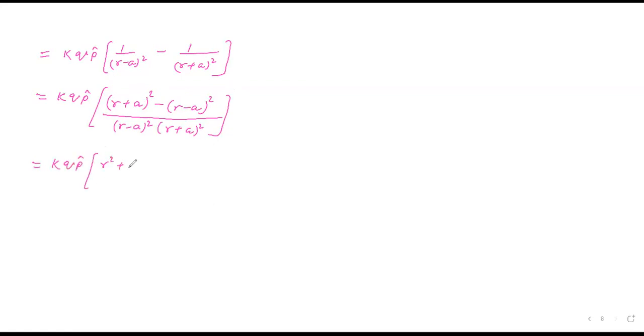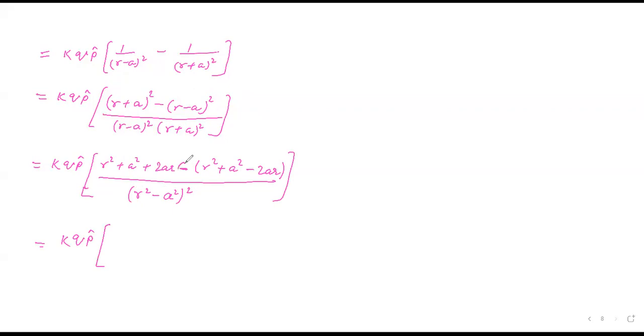You get R square plus A square plus 2AR minus R square minus A square plus 2AR over (R minus A) square (R plus A) square. Sorry, this will be (R square minus A square) whole square. Then it will be KQP.